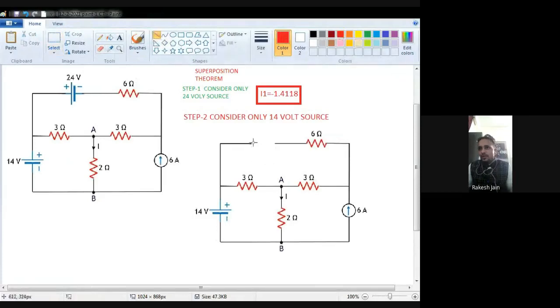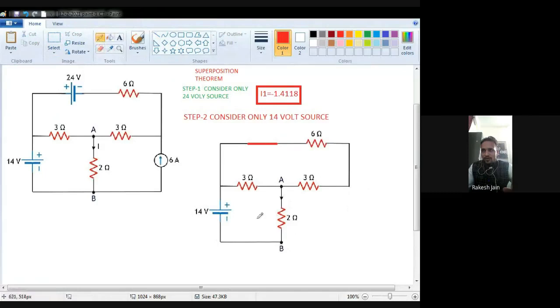So now what is my answer? 5I1, minus and minus plus 3 into 2.353. 3 multiplied by 2.353 is 7.059. So 5I1 plus 7.059 is equal to 0.